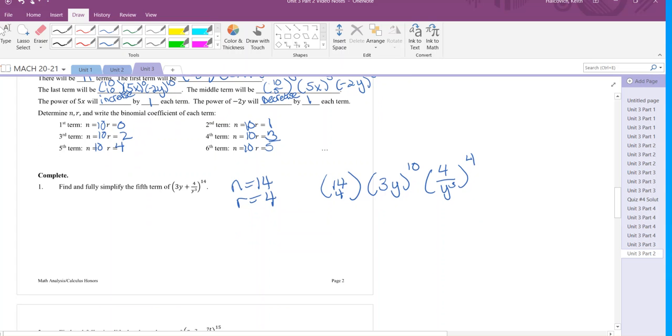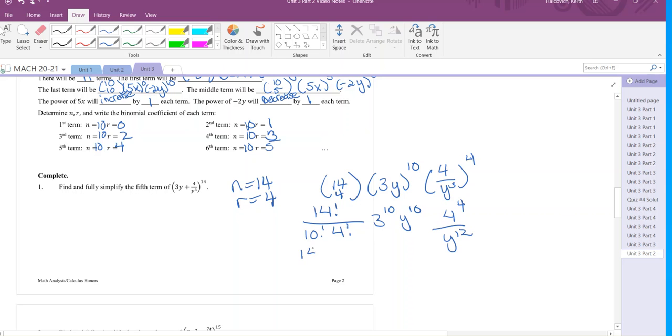So now you have to expand this out, 14 factorial over 10 factorial times 4 factorial, because it's n minus r times r. And then this is 3 to the 10th, y to the 10th, and 4 to the 4th over y to the 12th.